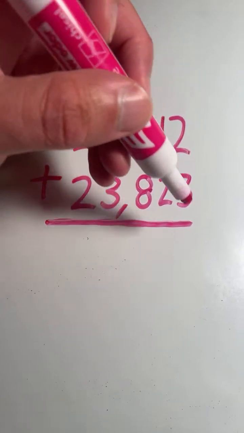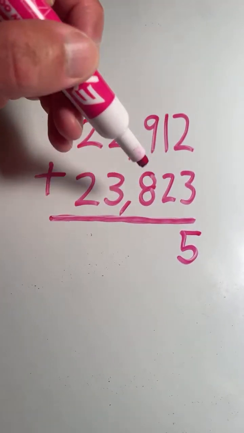So we start in the ones place. 2 plus 3 equals 5. 1 plus 2 equals 3.